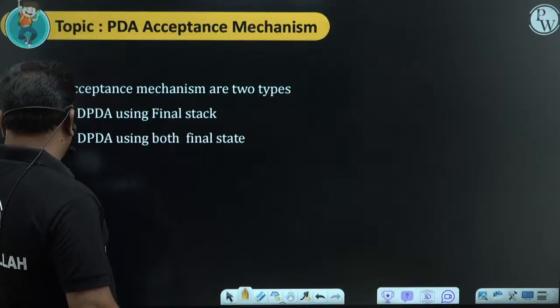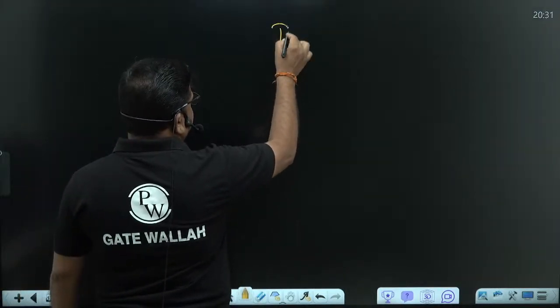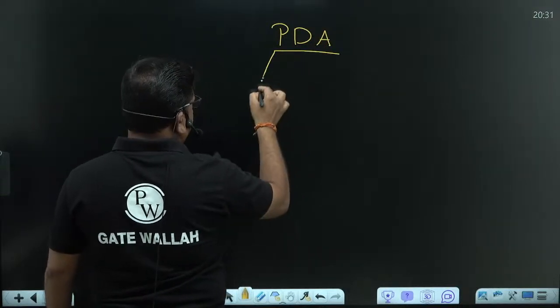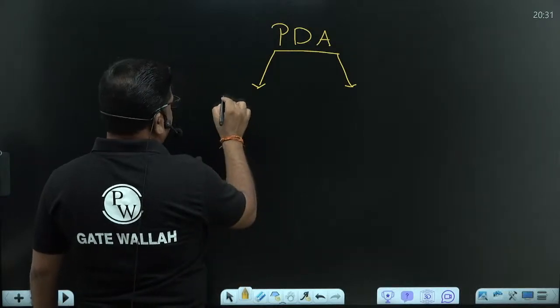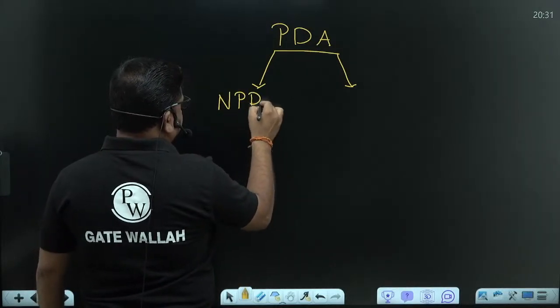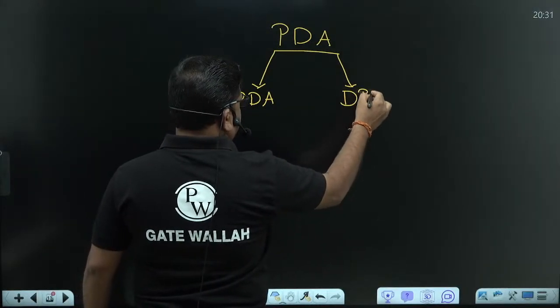Then we have the PDA types. While accepting these languages, pushdown automata have two versions: non-deterministic pushdown automata and deterministic pushdown automata.